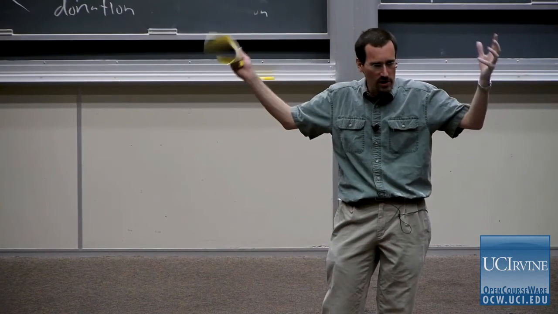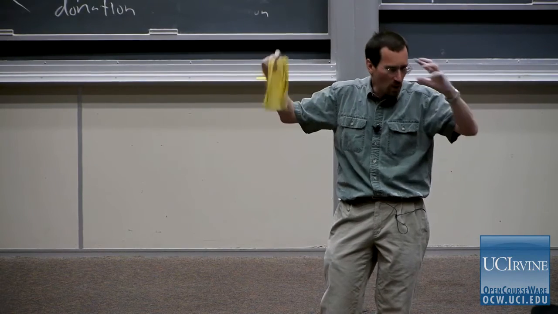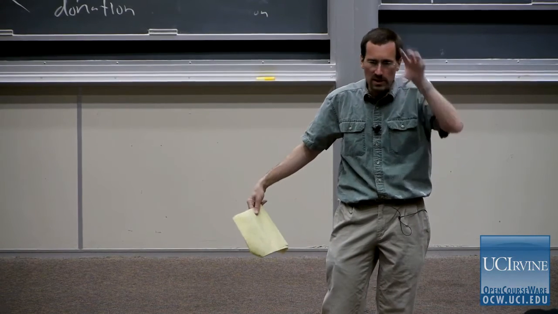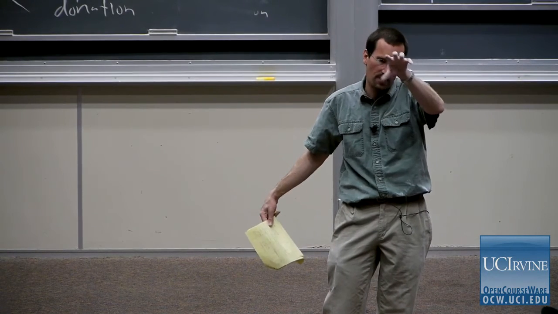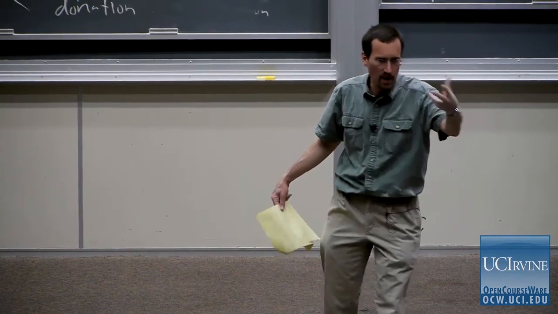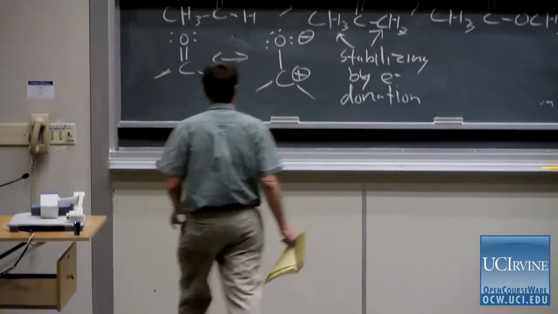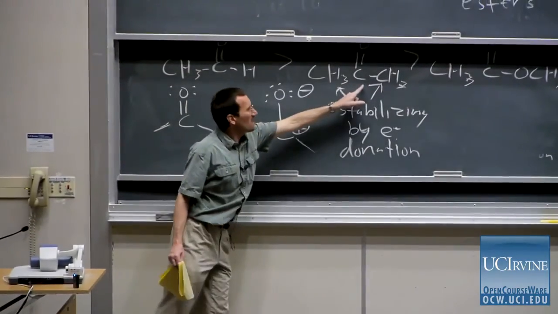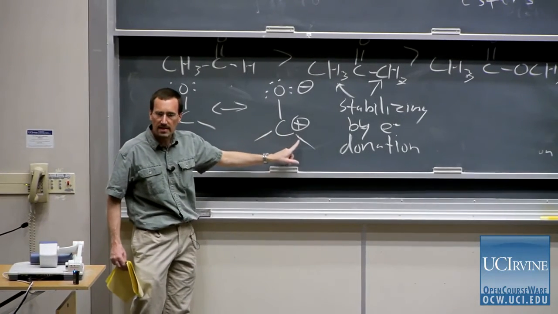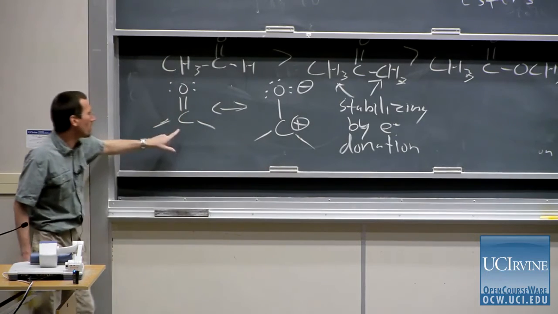In other words, a tertiary carbocation, which has three alkyl groups donating electrons by hyperconjugation, feels less pain from that positive charge than a secondary carbocation, than a primary carbocation. And it's the same principle over here. When you have alkyl groups on both sides of the carbonyl, that carbonyl is less electrophilic. It is more stabilized by electron donation.